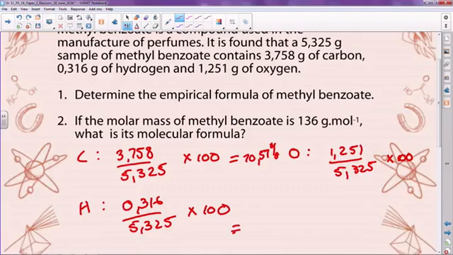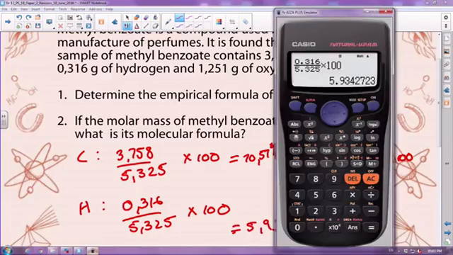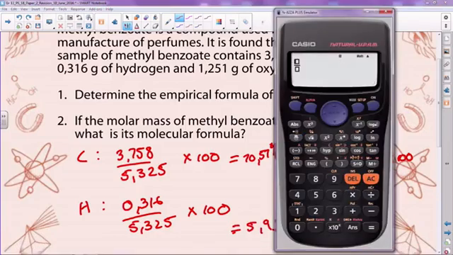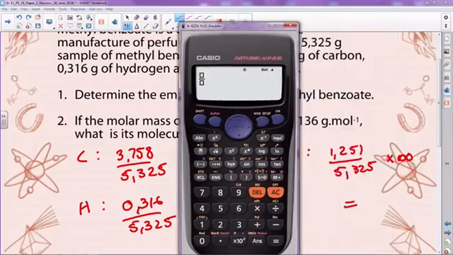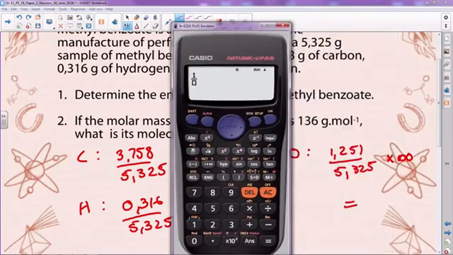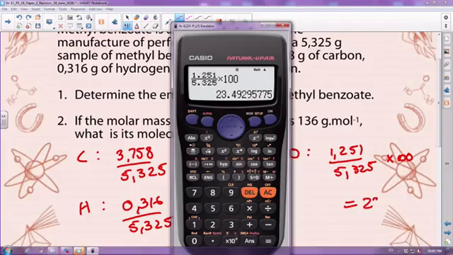And for our oxygen, we're going to have 1.251 divided by 5.325, multiply that by 100, and we end up with 23.49.